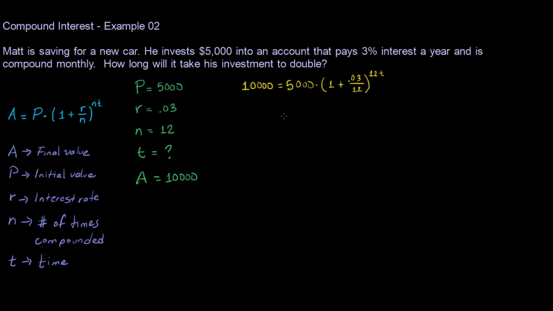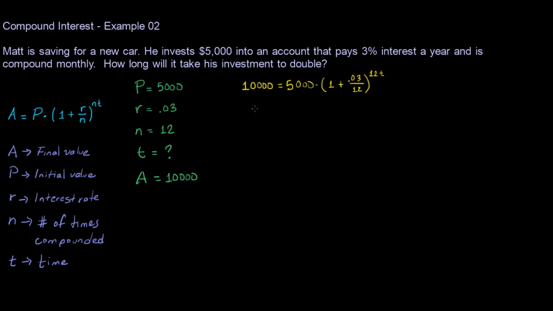Now we got all these values, and the only one we do not know is this value t, which is in the exponent. Luckily, we just found ways to solve this kind of equation when the variable that we do not know is in the exponent. So let's see how we can solve this out.